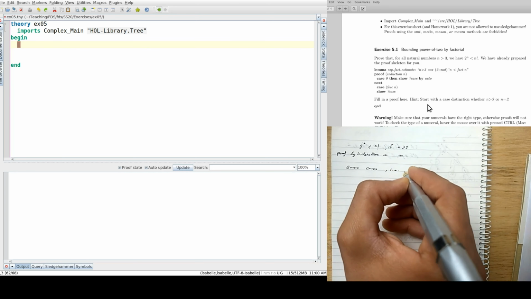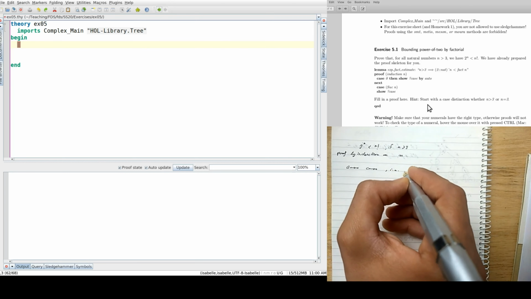Before you do these cases on pen and paper, we can say firstly that we know that n equals 3 or n is strictly greater than 3 from the premise.